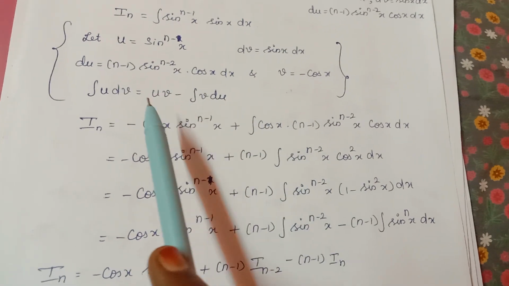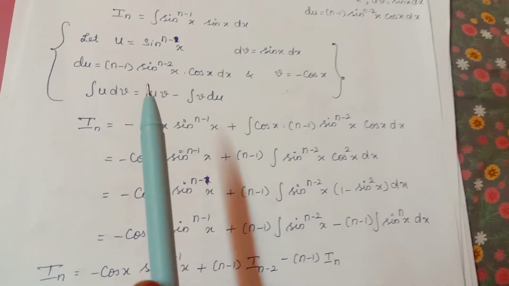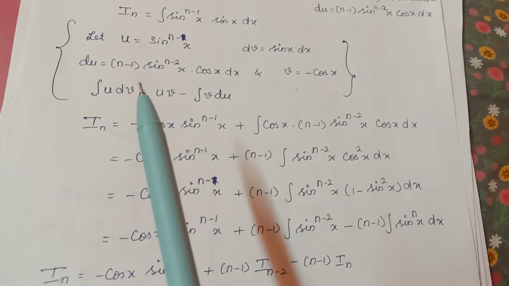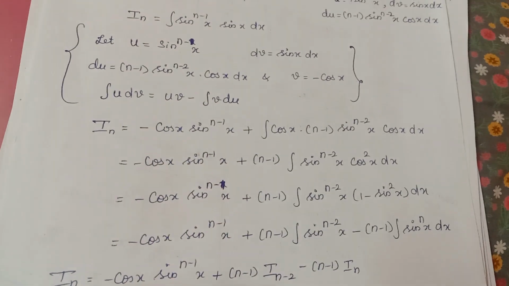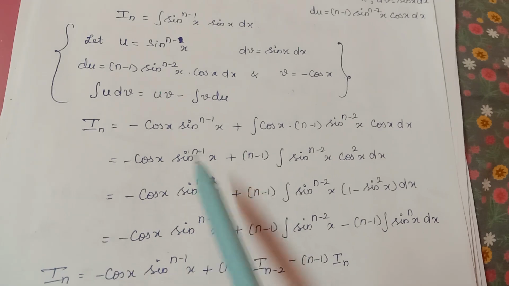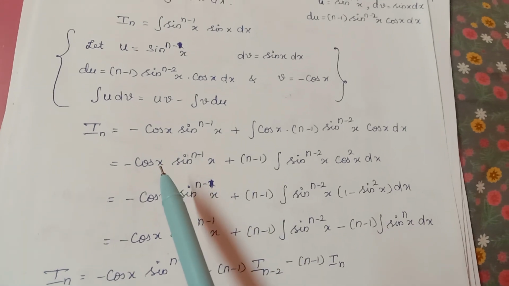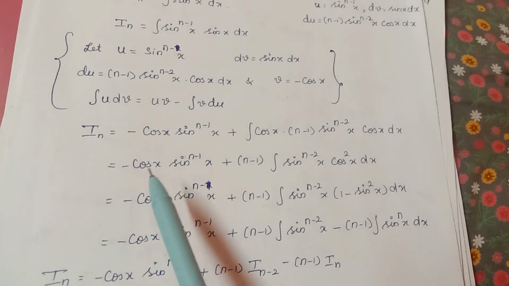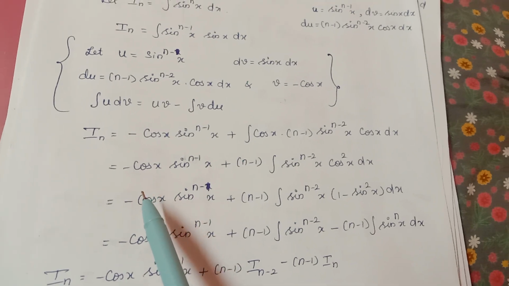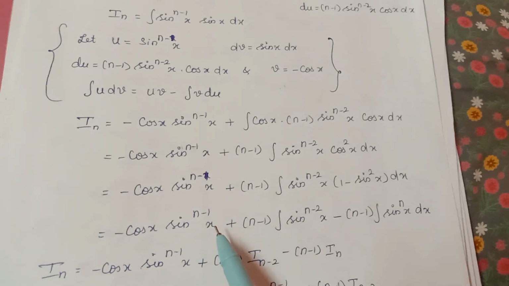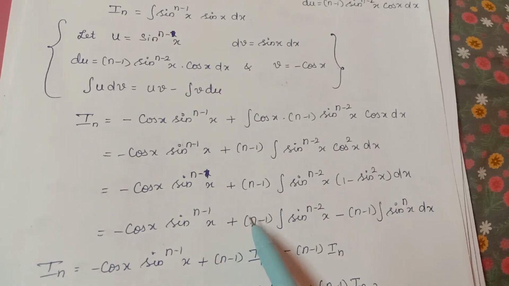But the problem with this question is, here my integrand is sine power nx. However many times you differentiate, it will never become 0. So I am just trying to reduce the power of the function. Power n is there, so every time I am trying to reduce the power.